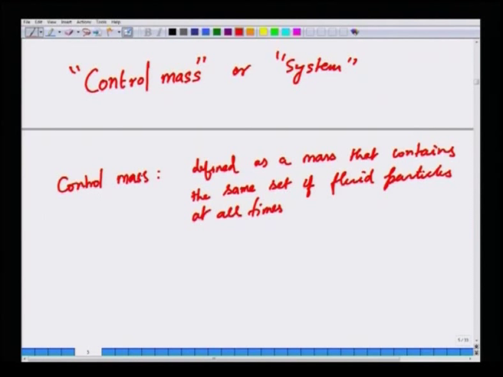This is called control mass or system, or sometimes it is referred to as material volume.